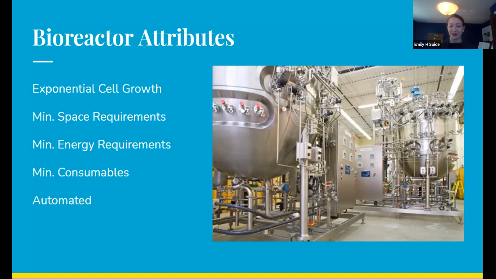So the reason that we have bioreactors in the first place is to have it automated, both for labor costs, and then also whenever you are touching those cells or having manual labor, there is more concern about contamination. So you want it to be quite contained, automated.